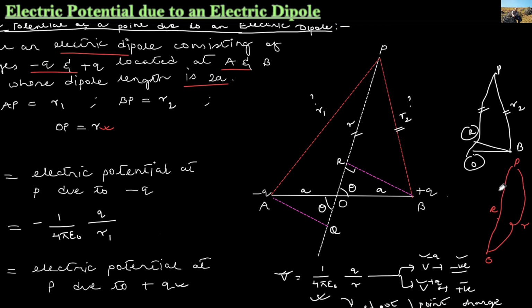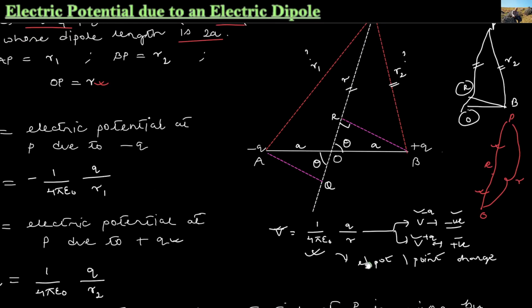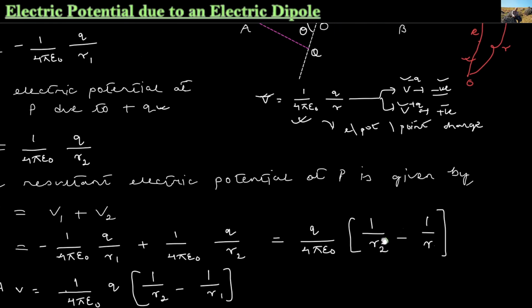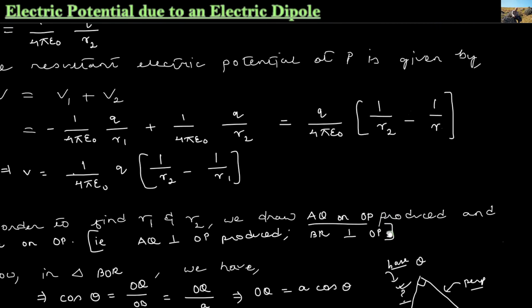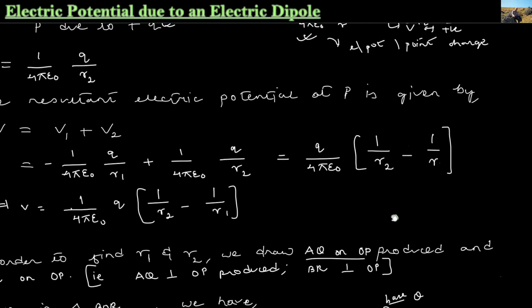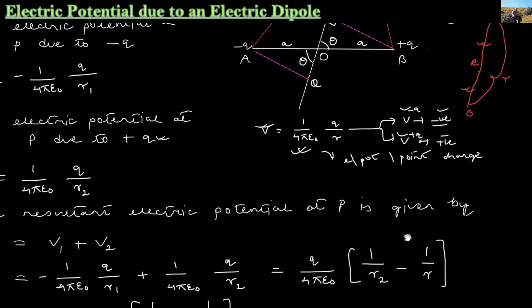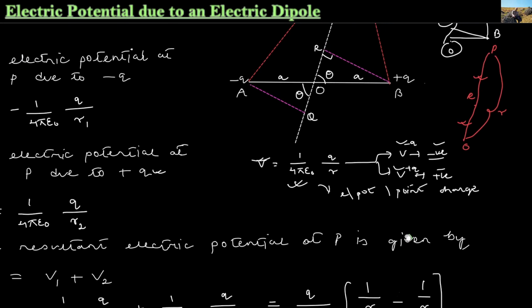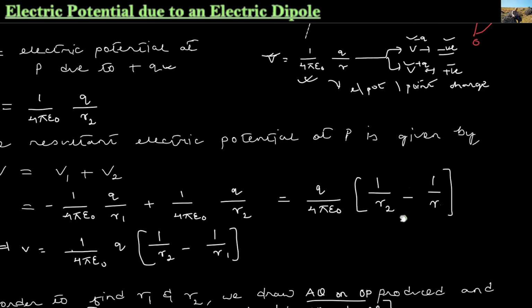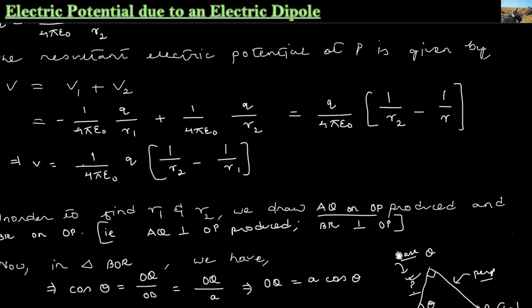Then you want to find what is PR. What is this OR? We have determined OR from the step below. OR will be how much? It will be A cos of theta. Okay, not OQ, this is OR.